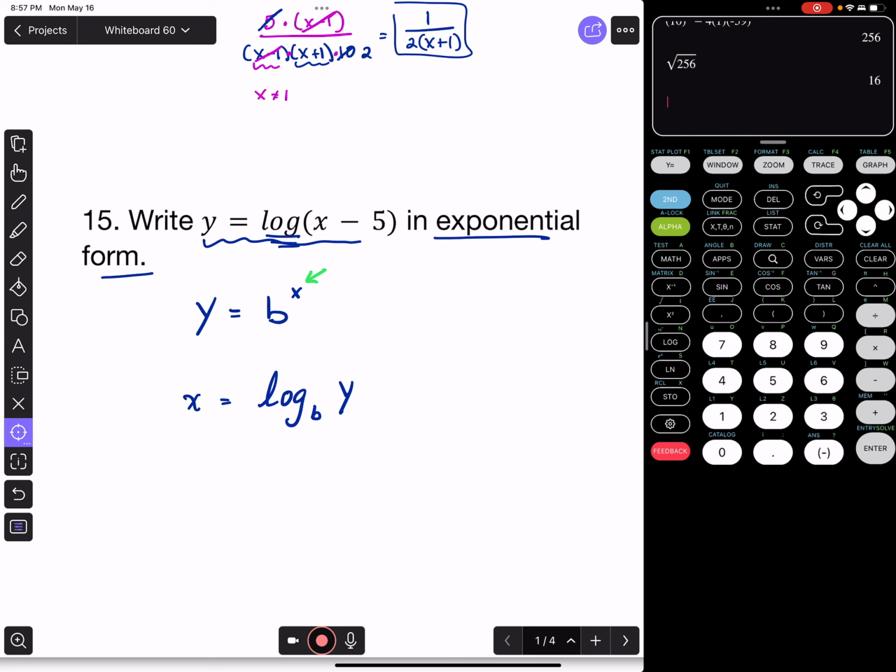And so if you can track this conversion, even if you don't know what this means yet, doesn't matter. What matters is if you can convert from this form, logarithmic form, into this form, and vice versa.